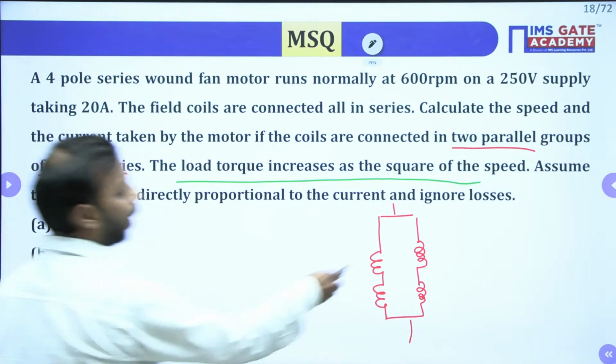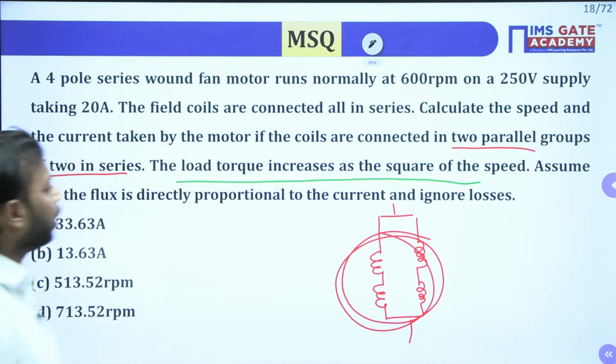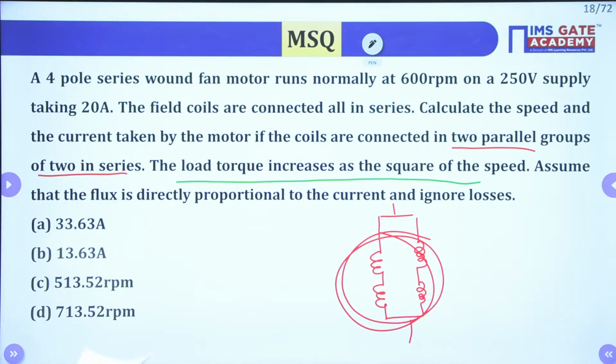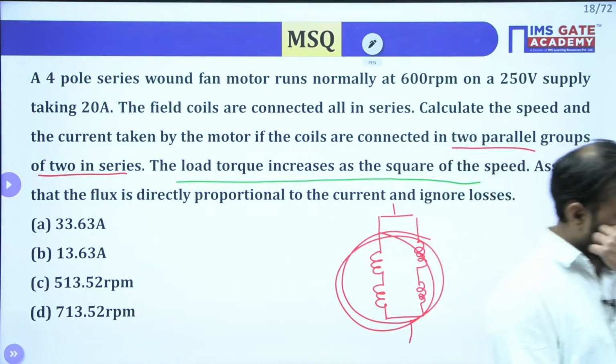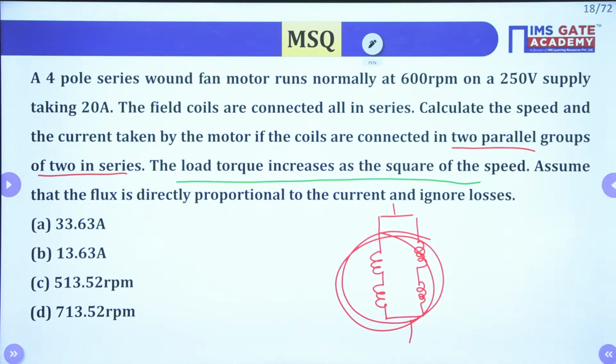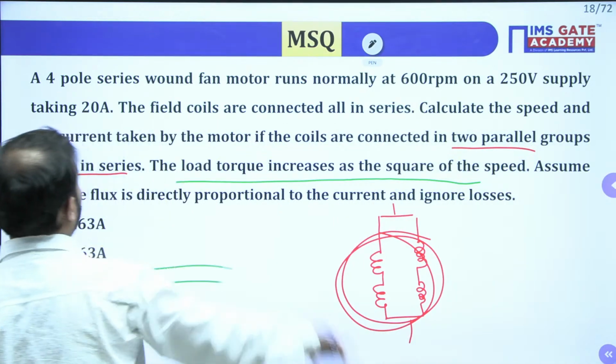This is the field coil resistance. Do we have information about RA? No. So we will ignore that part.